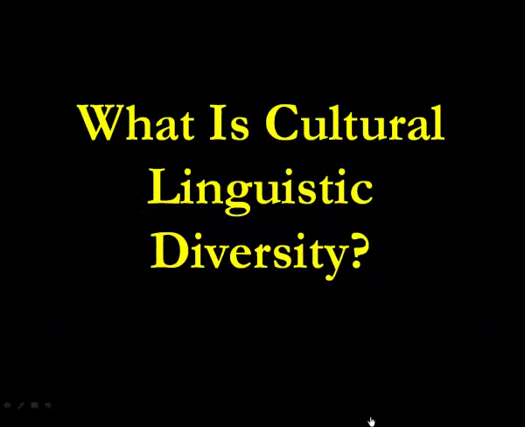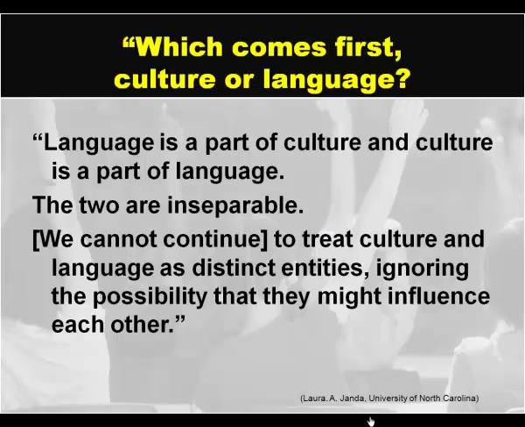What is cultural linguistic diversity? Which comes first, culture or language? Language is a part of culture, and culture is a part of language. The two are inseparable. We cannot continue to treat culture and language as distinct entities, ignoring the possibility that they might influence each other.